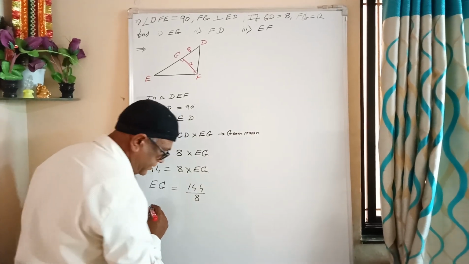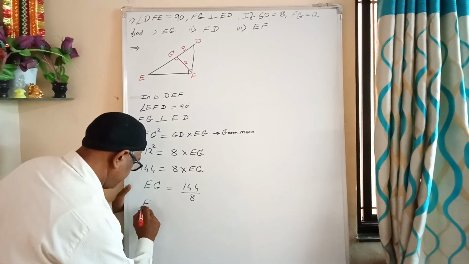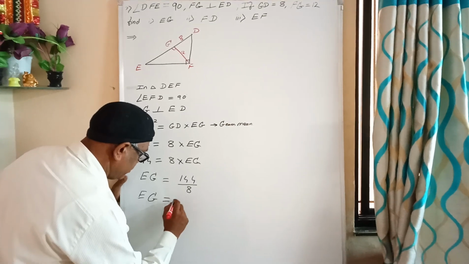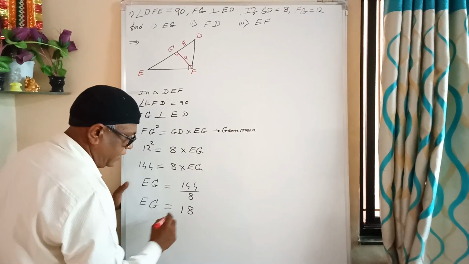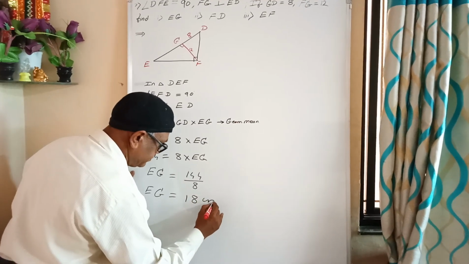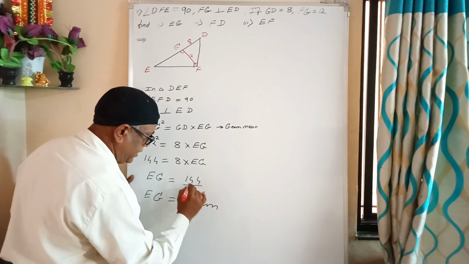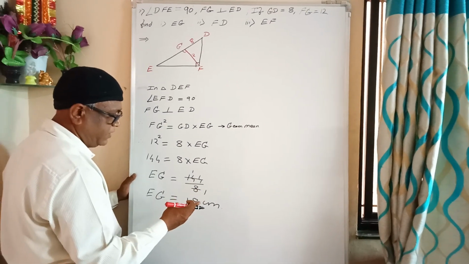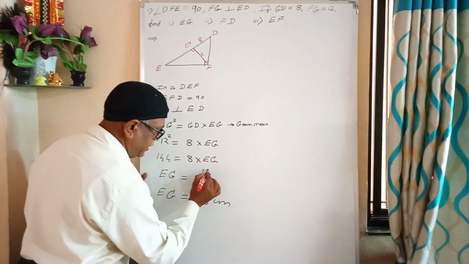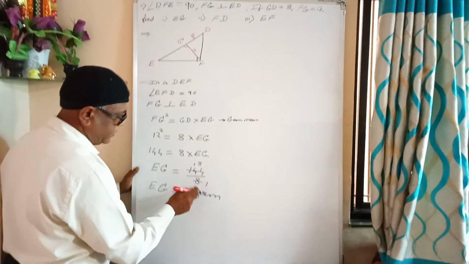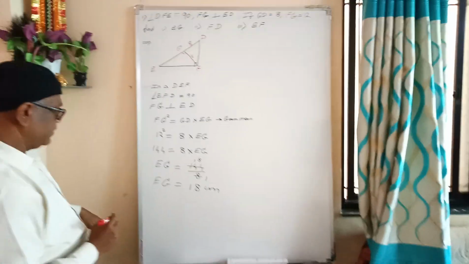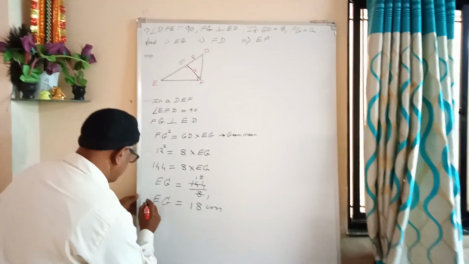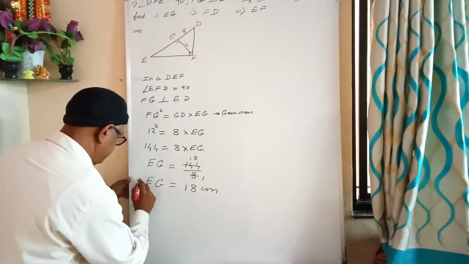Here we will get that EG is equal to 18 centimeter. 8 eights are 64, that is 18 centimeter. This first one we have completed here.